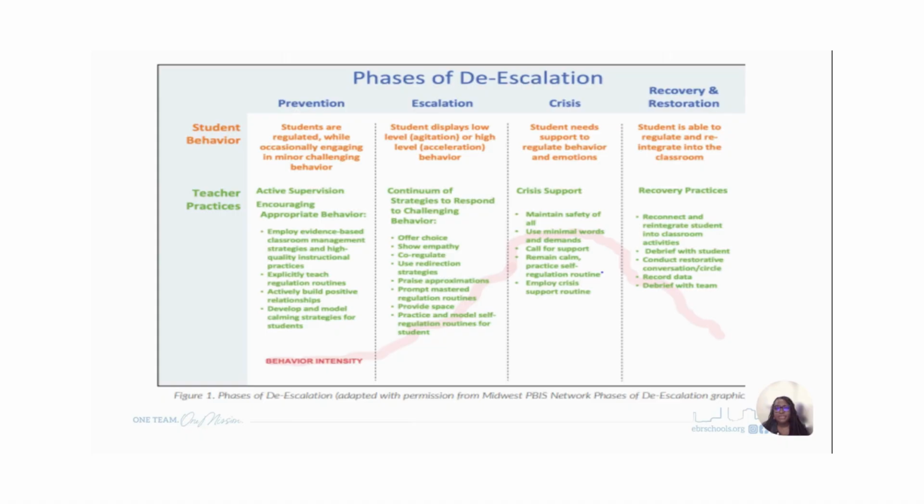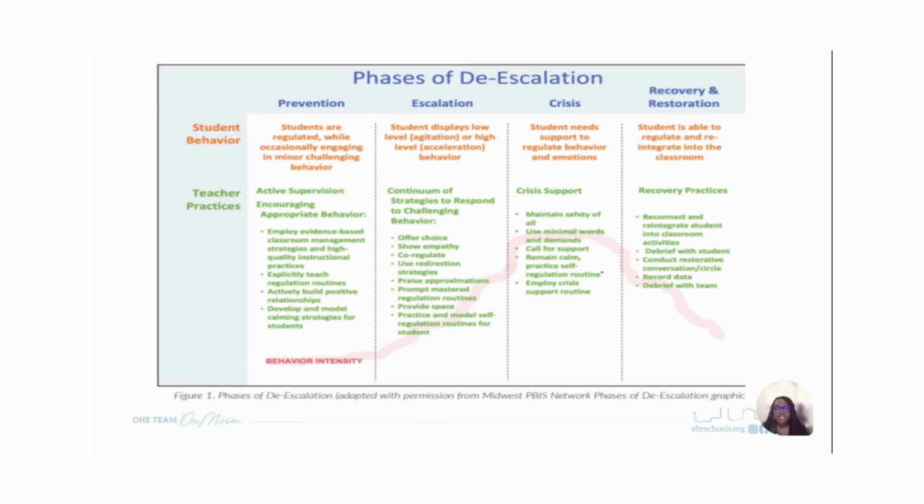And the person who's supervising them is encouraging appropriate behavior by employing evidence-based classroom management strategies or high-quality instructional strategies. In addition, they're explicitly teaching regulation routines and actively building positive relationships. In addition, they are modeling calming behaviors, like maybe the square breathing model.